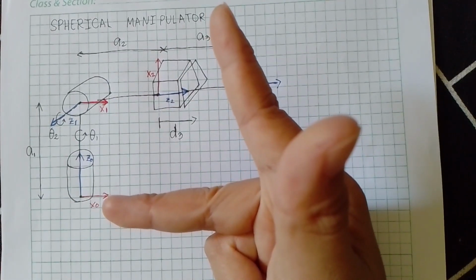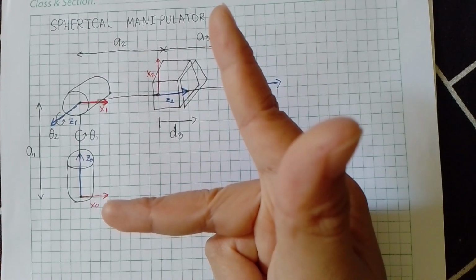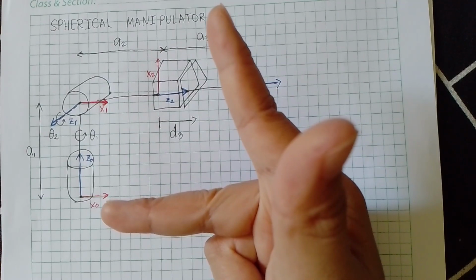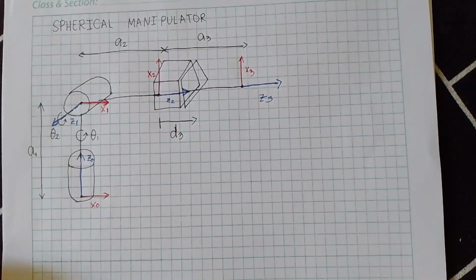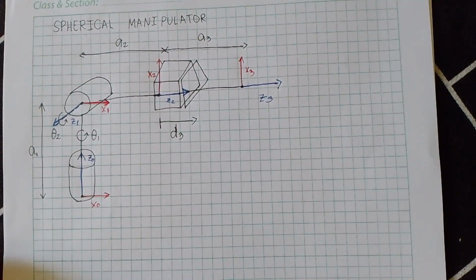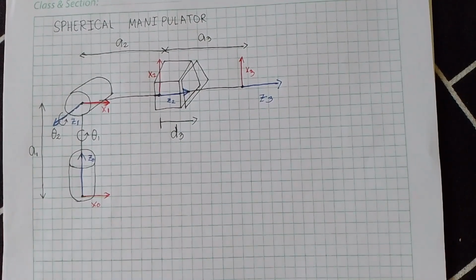By following this rule and labeling appropriately, including the y-axis of the end effector, we can complete the kinematic diagram. It should look like this.